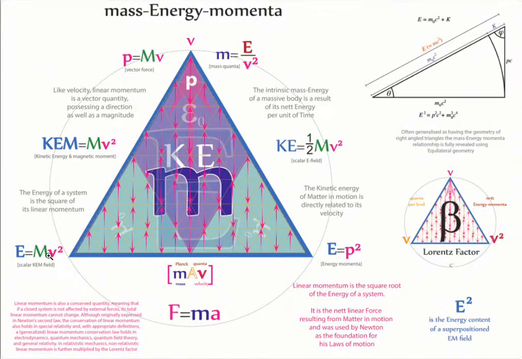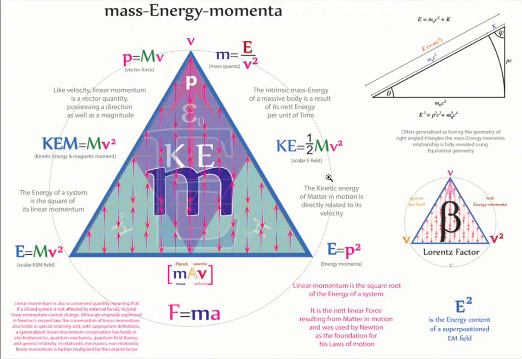Again, using E equals mv squared, we can take the square root of the energy of the field to determine the linear momenta created by that field with respect to the mass that is being accelerated. Again, we can show this as the relationship between energy and momenta, with the energy being the square of the momenta, or the linear momentum being the square root of the energy.